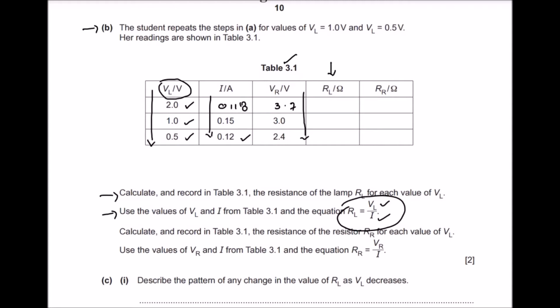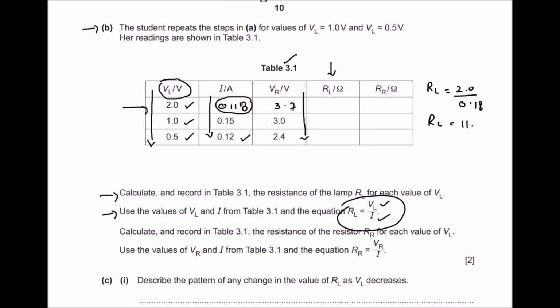If you want to calculate the resistance of the lamp, you need two things, voltage and current. Start with the first one. The first voltage is 2.0 volt and the first current is 0.18.